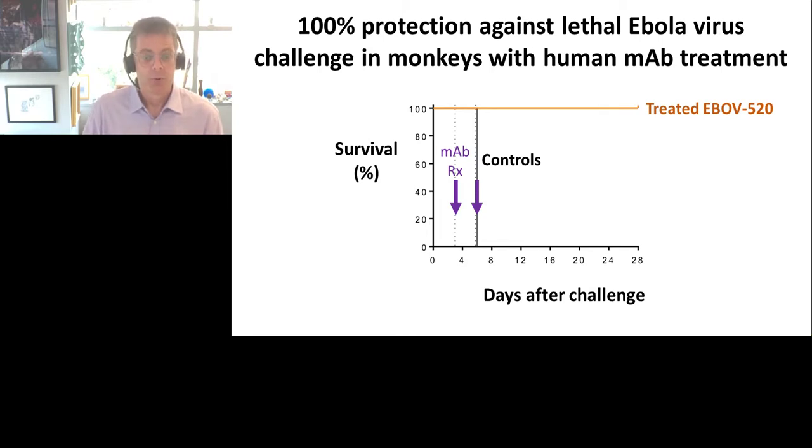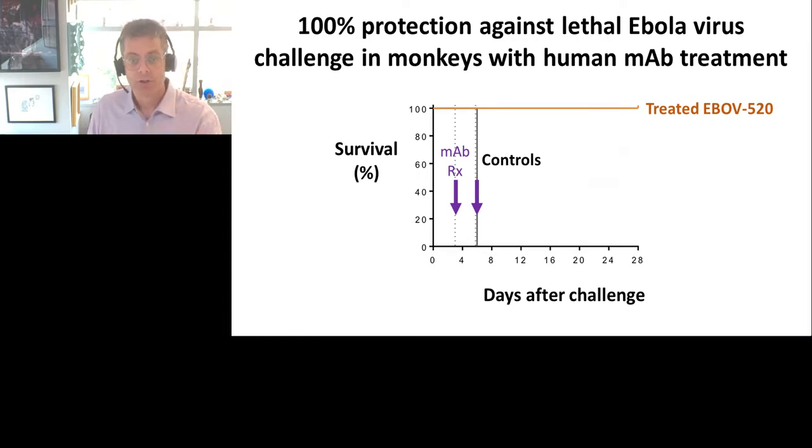So the principle of using monoclonals is already out there in humans, and in our case, we're now trying to develop next-gen or second-generation Ebola antibodies that are broader, that get not only Zaire, but also Bundibugyo, Sudan, and are more potent and maybe could be given later in lower doses.